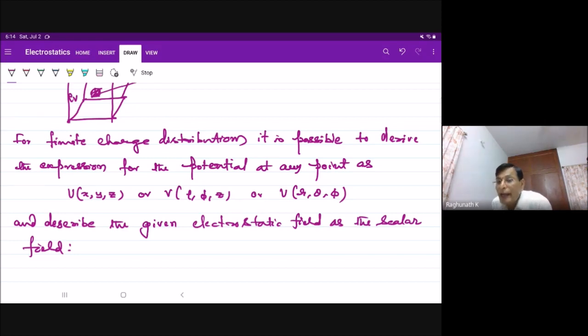Negative of the gradient of potential at any point. Very good thing actually for us. Check it now.